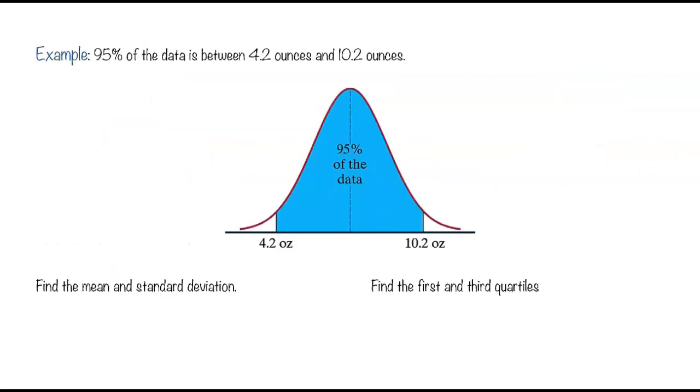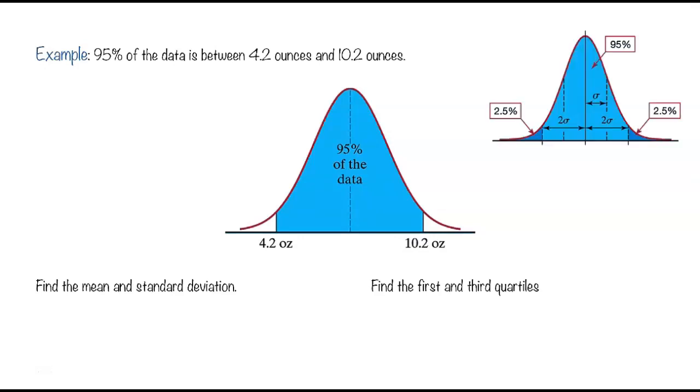For example, suppose that 95% of a set of data is between 4.2 ounces and 10.2 ounces. What does that tell us about the mean and the standard deviation? Since we're talking about 95% of the data, we'll use this image to help us. The 68, 95, 99.7 rule tells us that 95% of the data is within two standard deviations of the mean.